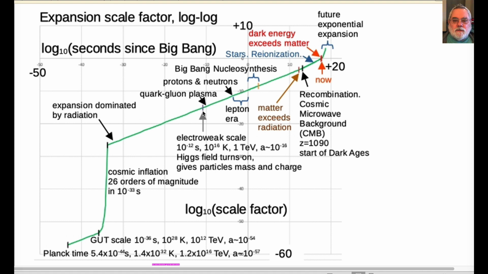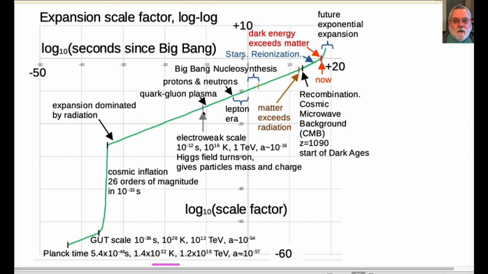At 10 to the minus 12th seconds, the temperature and radiation particle energy fell to about 10 to the 16 Kelvin and 3 tera-electron volts. This is within the energy range of the Large Hadron Collider, so particle physics is pretty well understood and verified as of that time.